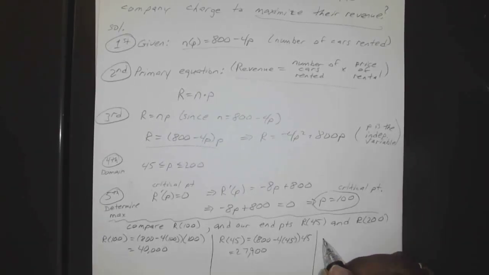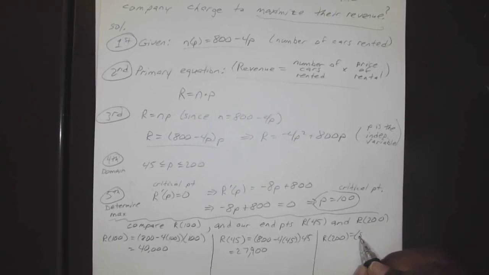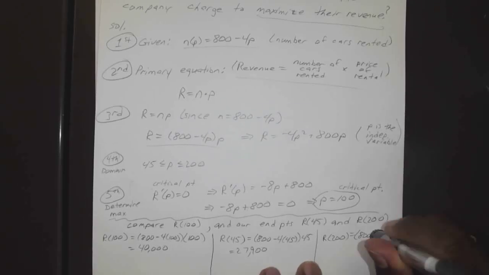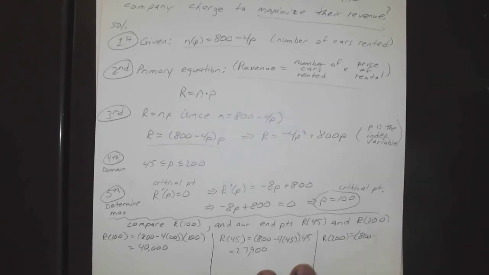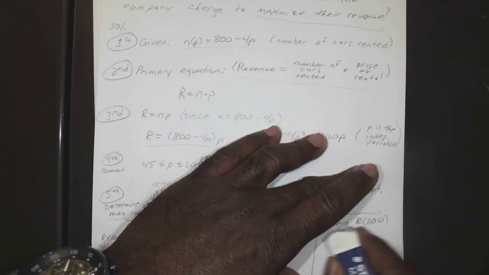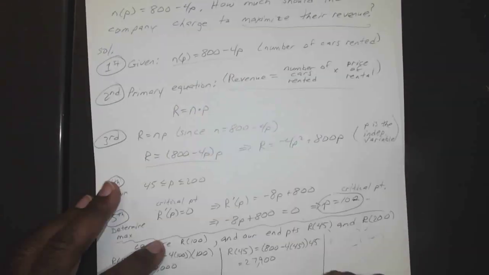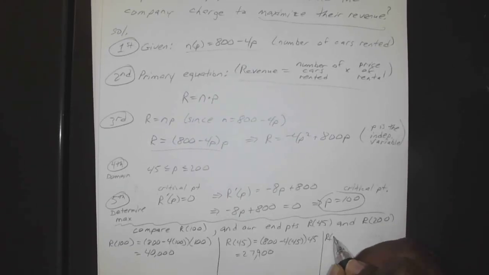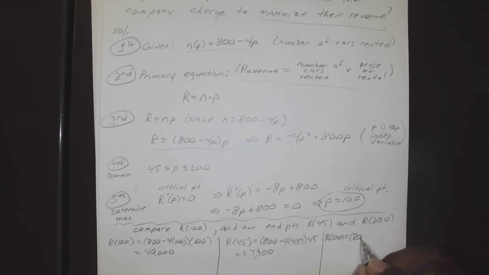Okay, and if we try R of 200, that's 800 minus 4 times 200. Running out of room. Move that over just a hair. Okay, so R of 200 equals 800 minus 4 times 200, times 200.